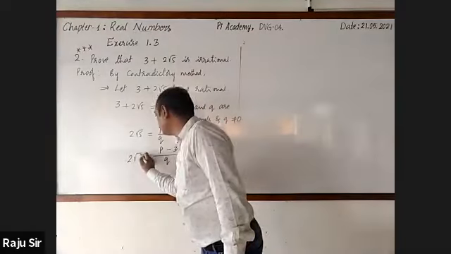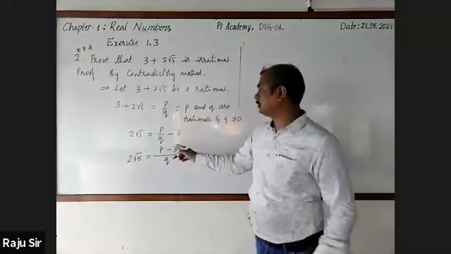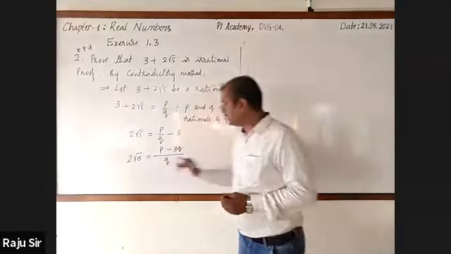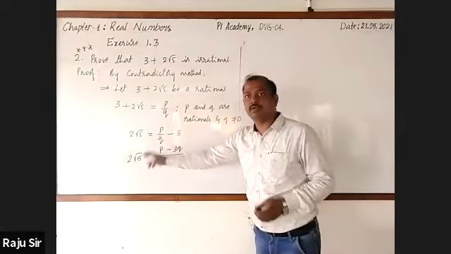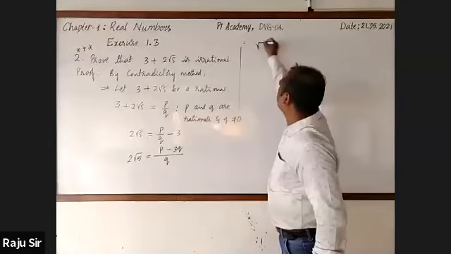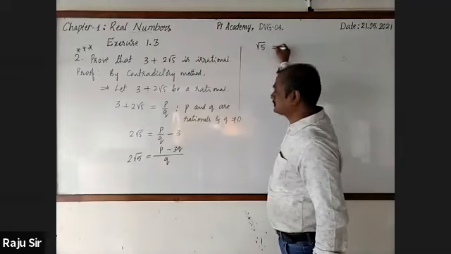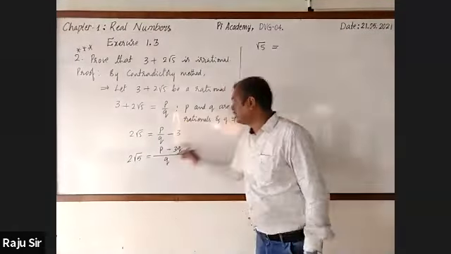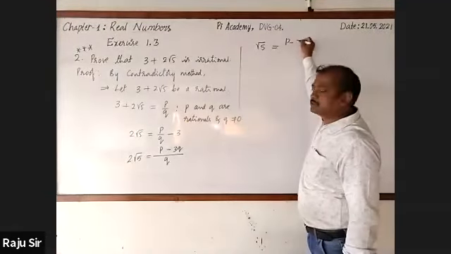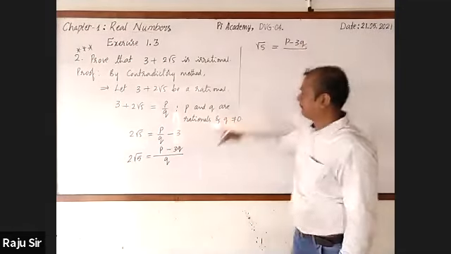So 2 into root 5 is equal to P minus 3Q by Q. Now transpose 2 to the denominator as we have to solve root 5. Root 5 is equal to P minus 3Q by 2Q.